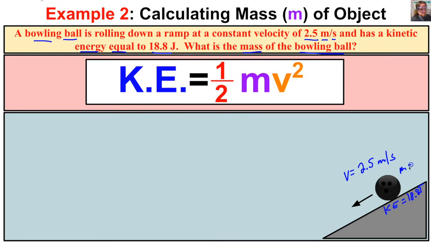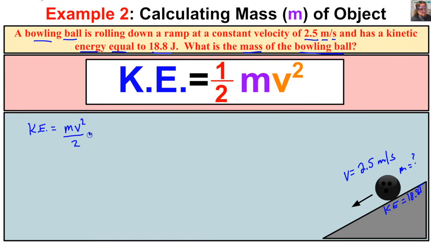We want to know, based on the velocity and kinetic energy it has, what is the mass in kilograms of this bowling ball. So we know that kinetic energy is going to be equal to mass times velocity squared over 2. And in this problem, we're trying to solve for the mass of the bowling ball. So we have to get mass, or m, all by itself on one side of the equal sign.